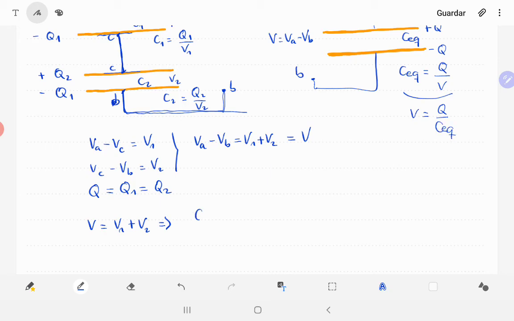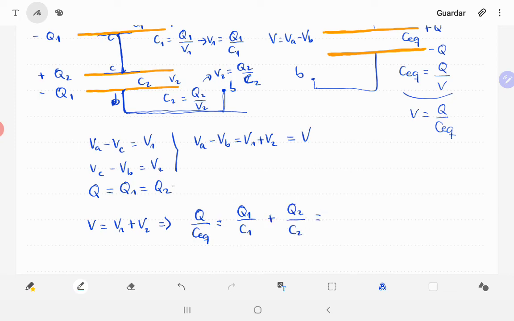This is Q divided by C equivalent has to be V1, where V1 is charge 1 divided by C1, plus V2, which is equal to charge 2 divided by C2. This is equal to Q1 divided by C1 plus Q2 divided by C2.